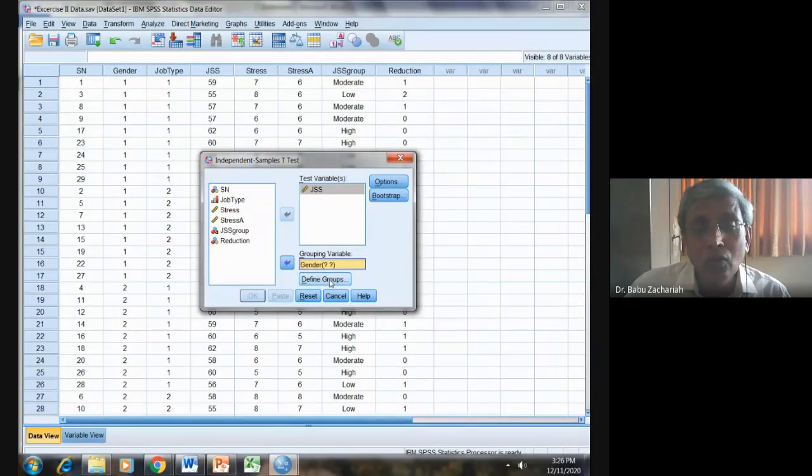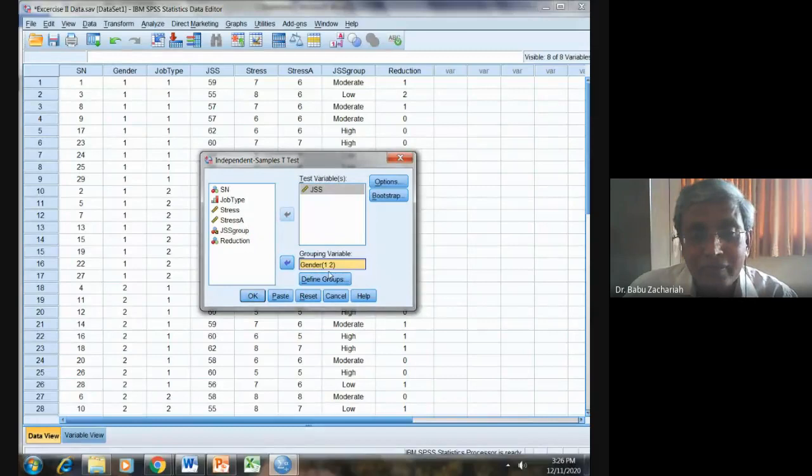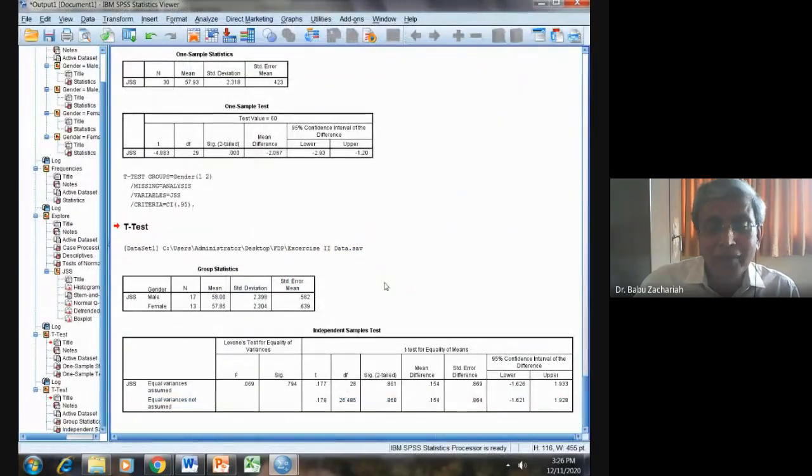And define groups 1 and 2, 1 for male and 2 for female. This step is required because there may be categorical variables with more than 2 categories. In the t-test we can compare only 2 at a time. That is why this option is there. So click OK.